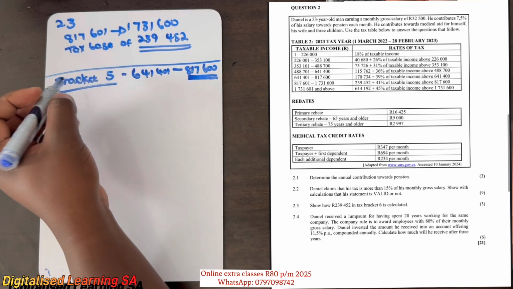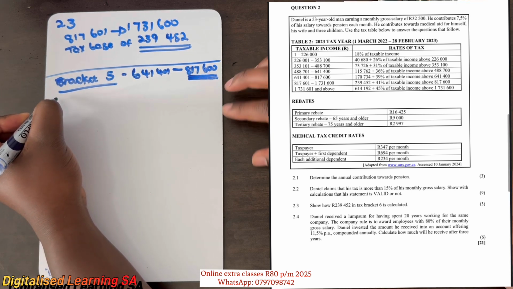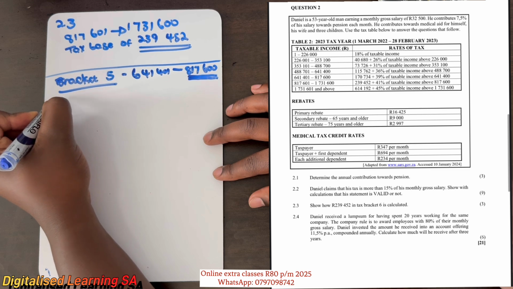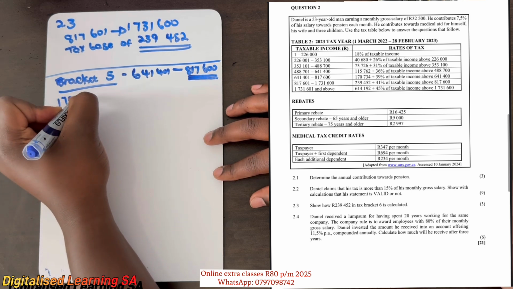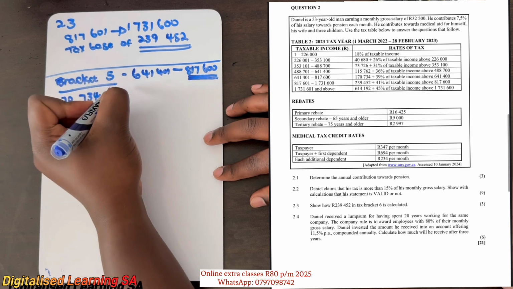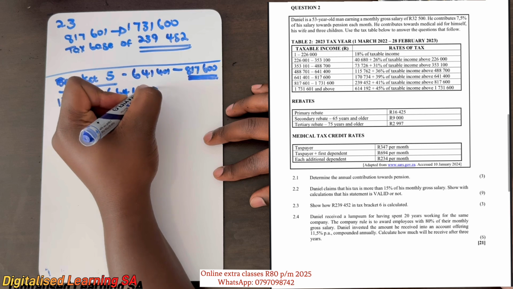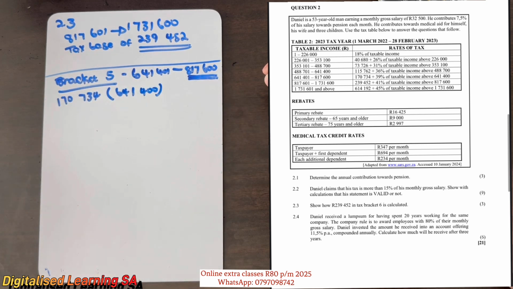Okay, so to do that, we know that our tax base was 170,734. For how much? For 641,400. So if you look on the far right of the tax bracket 5 row, you can see that the 734 is for this amount.